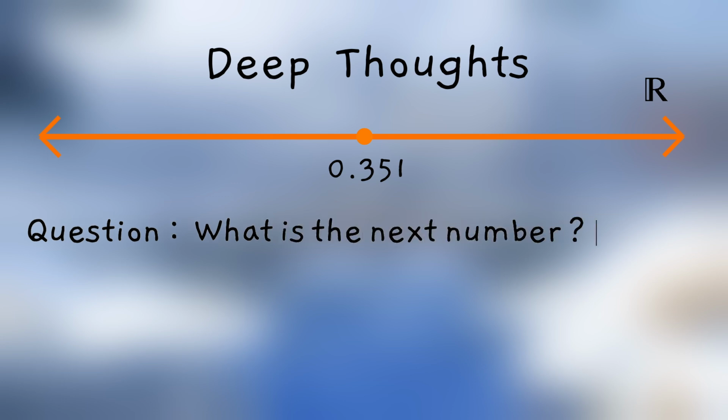You might want to just hit pause, close your eyes, think about that for a moment, and when you're ready, resume. It turns out there is not a number that is directly after this, and here's why. Suppose you have a number A, and we'll draw a dot to represent that, and we have another number B. Then if you look at the average of A and B, you get a number that's halfway between them.